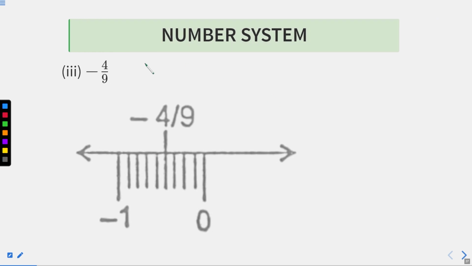Okay. Now let's move on to the next. This is a similar question to the previous. Okay. So it is homework for you to find how we get to here. Okay. Homework for you.